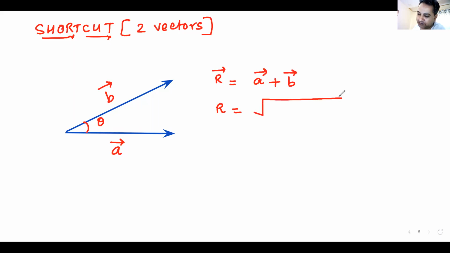What is the formula? If someone can tell me the formula, I will be very glad. What will be the formula for this? Resultant ka formula? Anyone has read it? It is A square plus B square plus 2AB cos theta.